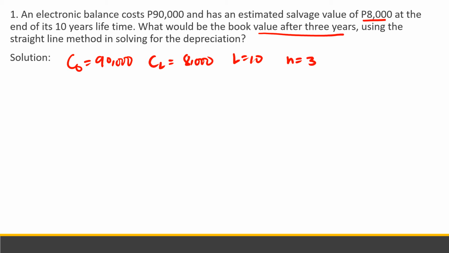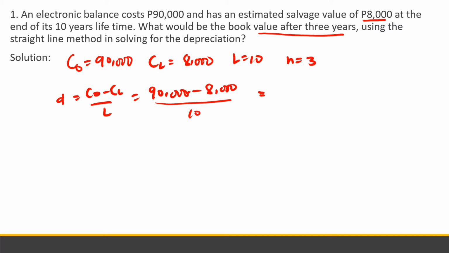Okay, we'll find the depreciation first. Annual depreciation is (C sub O minus C sub L) over L. So that is (90,000 minus 8,000) over 10, which equals 8,200. So every year, the electronic balance depreciates, or loses value, by 8,200. Okay, what we are looking for here is the third year.